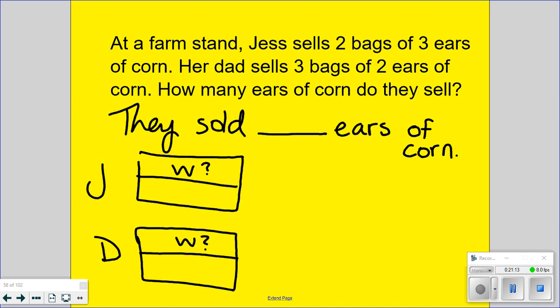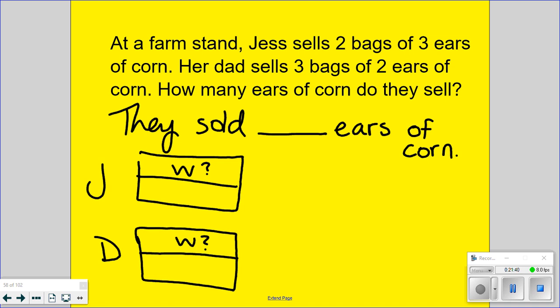How would I put that in my bar? What is that going to look like? 2 bags of 3 ears of corn. Let's break the bottom part into 2 halves.